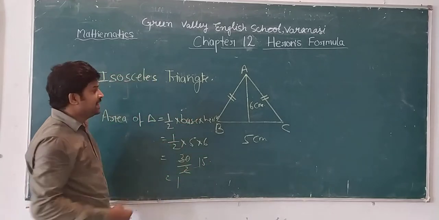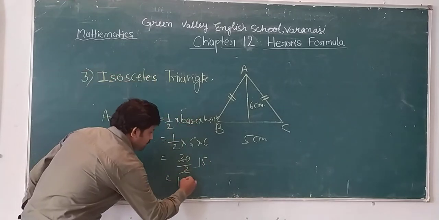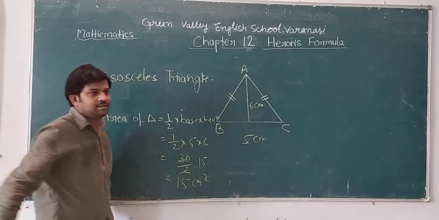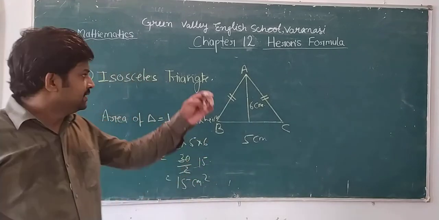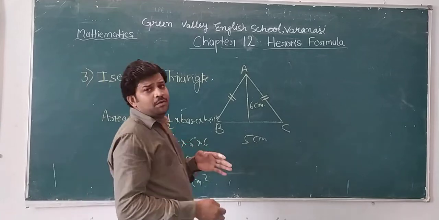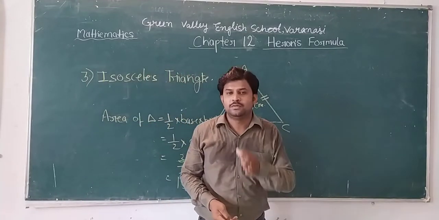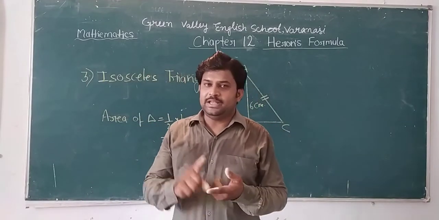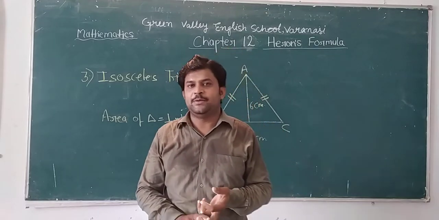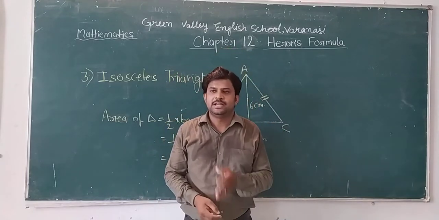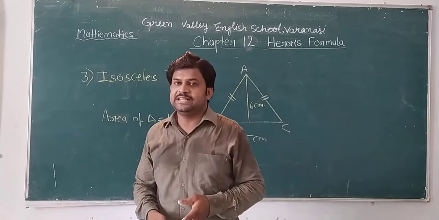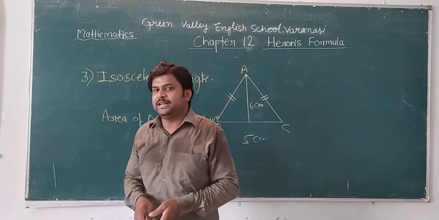It means the area of the isosceles triangle is equal to 15 centimeter square. Okay class, this is the way of finding the area of a triangle when it is a right angle triangle, second type is isosceles, and third one is equilateral triangle.